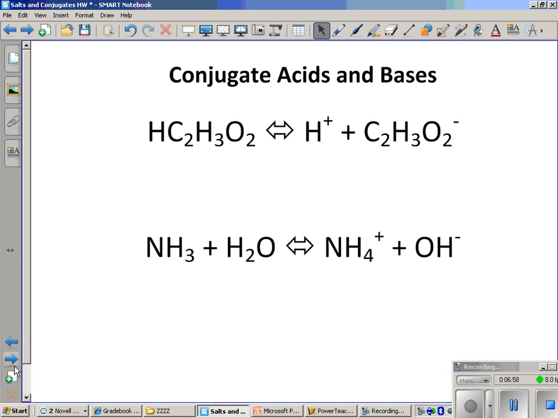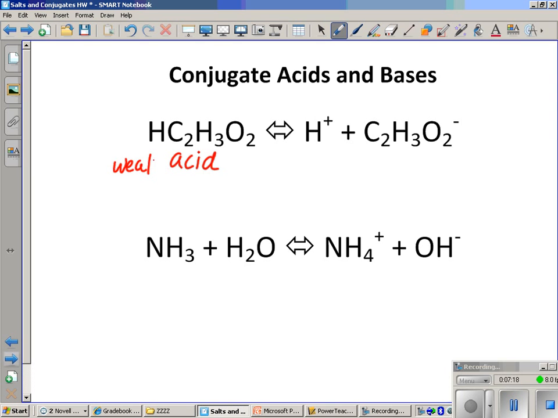This again is another idea that is going to be important in what we're going to be moving into in this unit. When you have an acid, like this right here is an acid, and we write the dissociation, notice the double-sided arrow, meaning not complete dissociation.